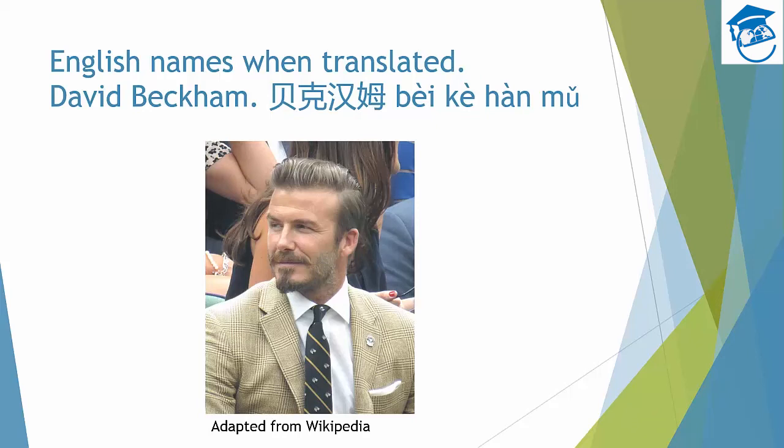For us, we don't really have an ending like "back", so we have to say 贝克 for the first syllable, and the last syllable again we don't have an ending like that, so we have to say 贝克汉姆 as Beckham. Okay, so that's how we translate English names.